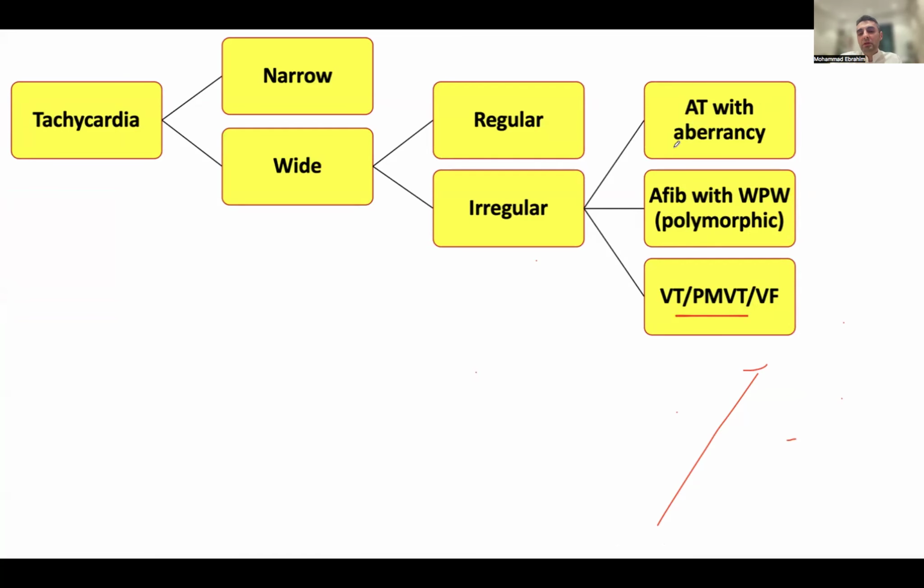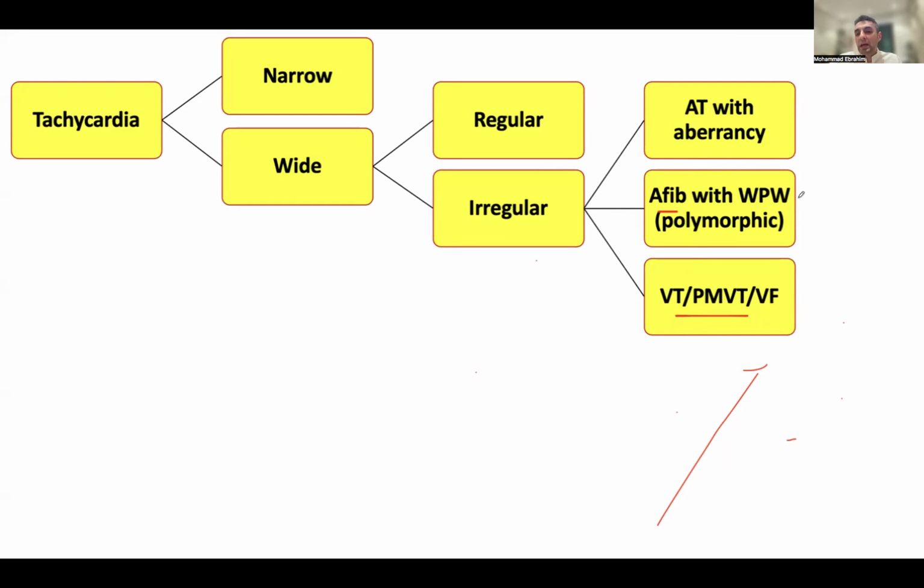In pediatrics, it could be irregular atrial tachycardia with aberrant conduction, or variable QRS aberrancy, or it could be atrial fibrillation in a patient with intrinsic WPW, such that the QRS is changing from beat to beat depending on how much conduction is going down the accessory pathway versus down the AV node. So when you have any polymorphic, irregular, wide complex tachycardia, these are your main three differentials.